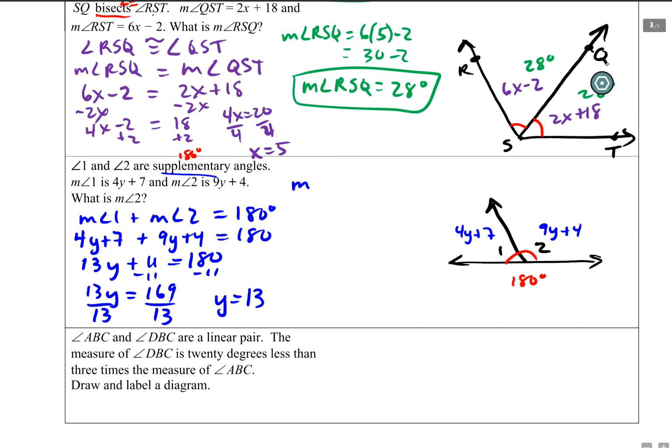Well, then change colors. The measure of angle 2 is 9 times y, which is 13, plus 4. 9 times 13 is 91. Oh, we're doing so well here.